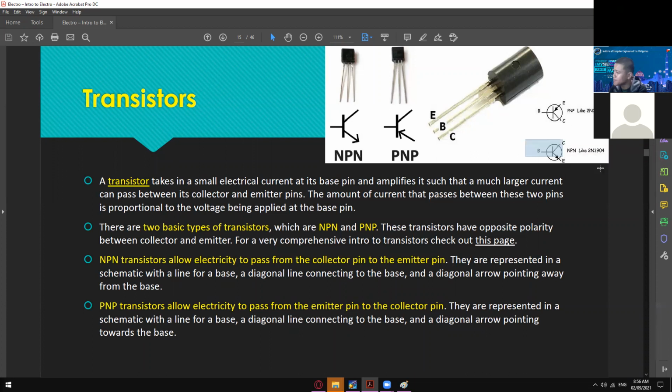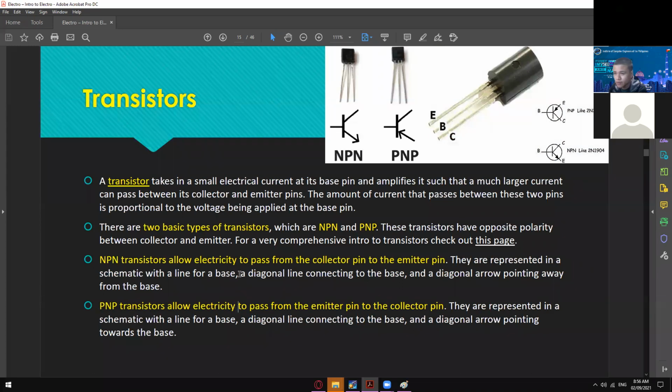This is the symbol of the transistor, and this is the collector, going to the emitter. So we have the flow of current from top to bottom, collector to emitter. It's the same with the PNP, it's just that you interchange those two. So it's now coming from the emitter and going to the collector. That's it for the PNP.